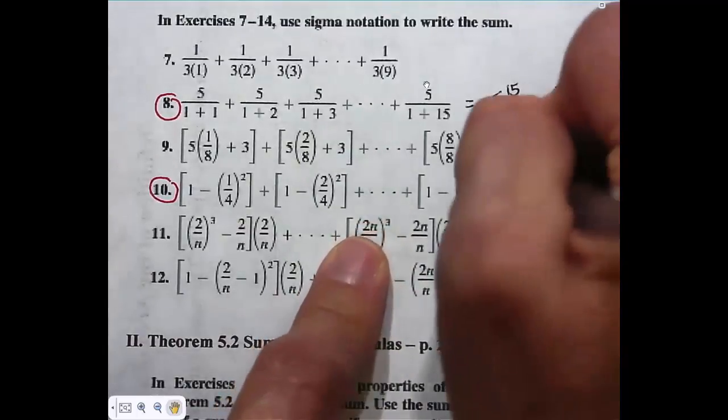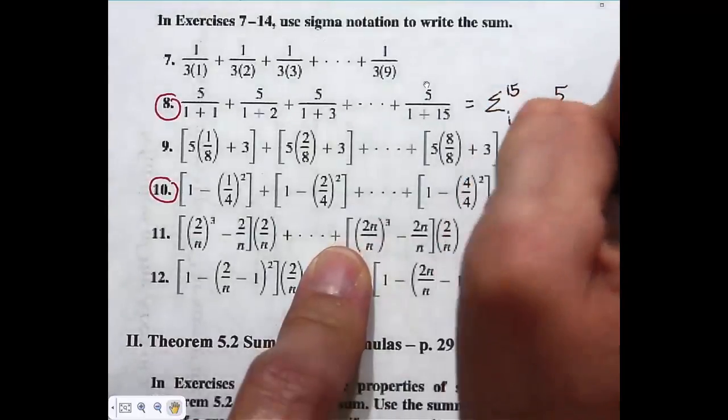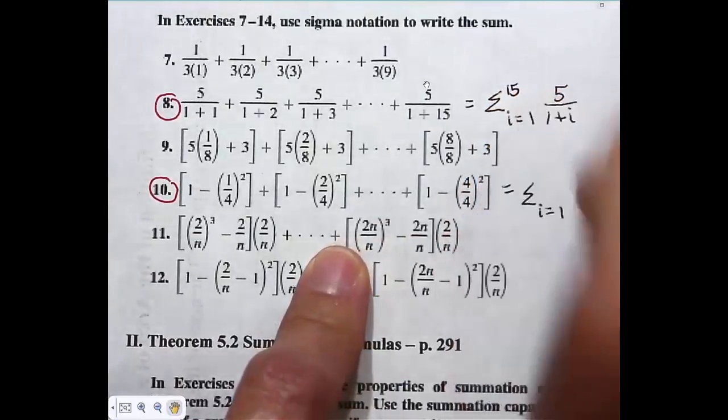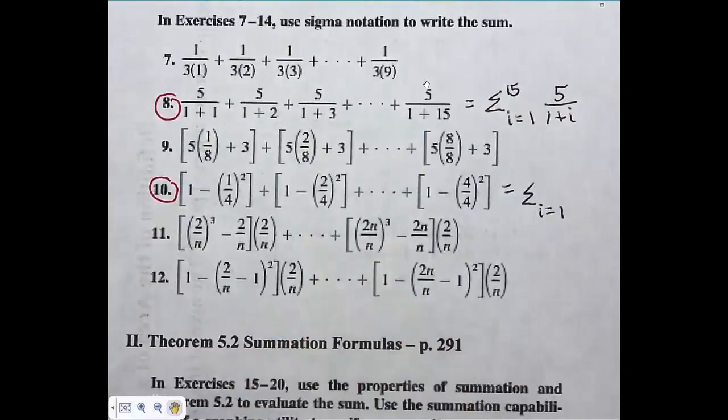One more, what about number 10? What's changing in number 10? The first term inside brackets is staying the same. The denominator of the fraction that's being squared stays the same. It's the numerator that's changing.